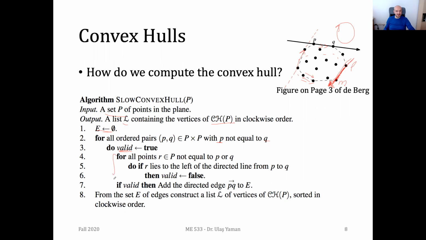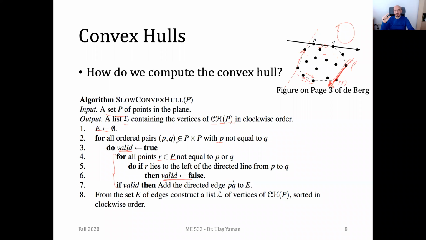What are these operations? We take a directed edge, and then we check whether the remaining points, which are all the points inside the set P, are on the left hand side or on the right hand side of it. If one is on the left hand side, then we say that valid is false. This is not the edge we are looking for, so you shouldn't do any more computation for that directed edge.